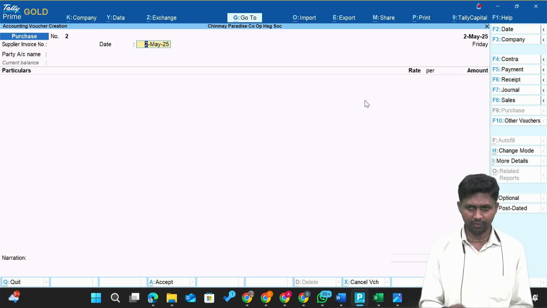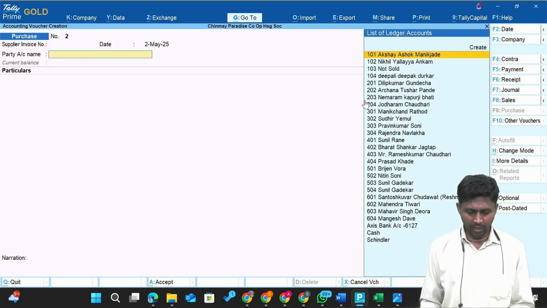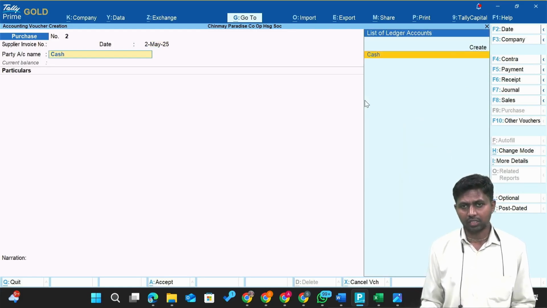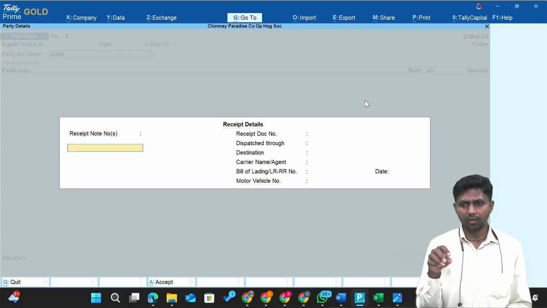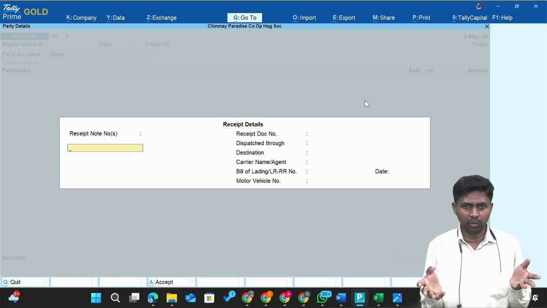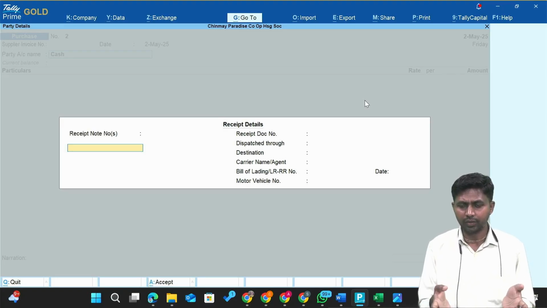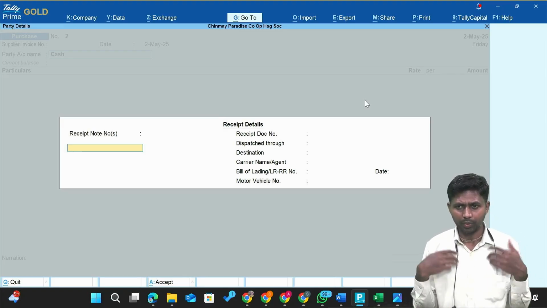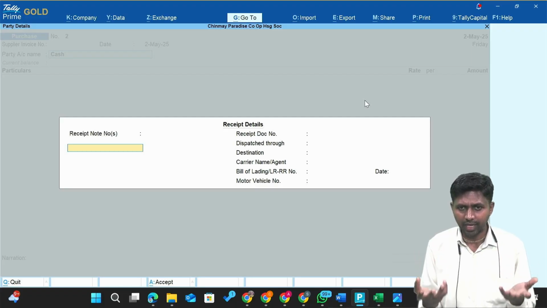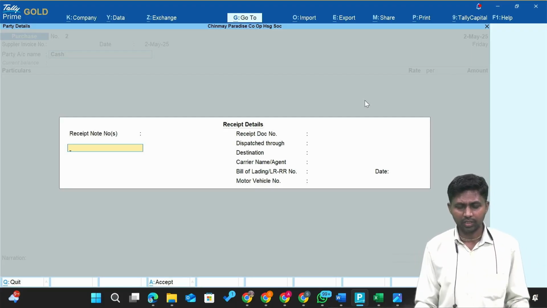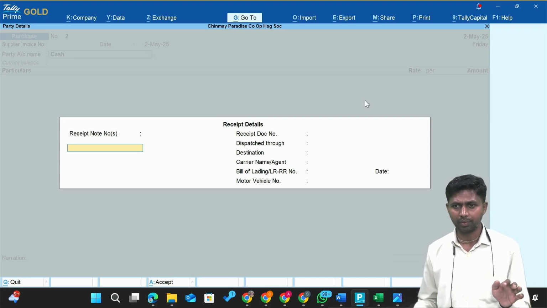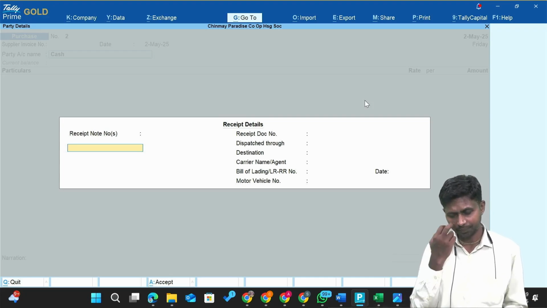And then party, cash we have paid. This is in the cash folder. Society or the management told whoever purchased it, he told that I have purchased in cash only. He is giving you the bill, and because this is purchased in cash, you are passing that in the purchase voucher type by selecting party as cash. Correct.